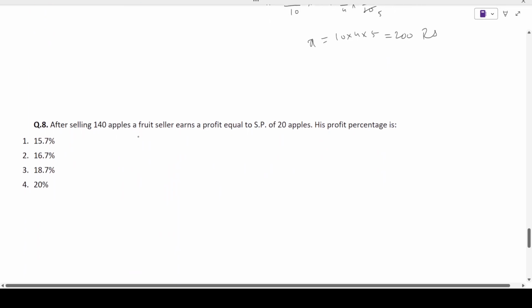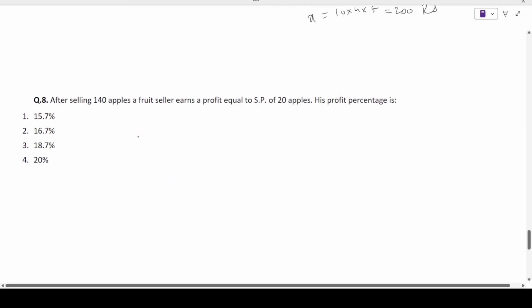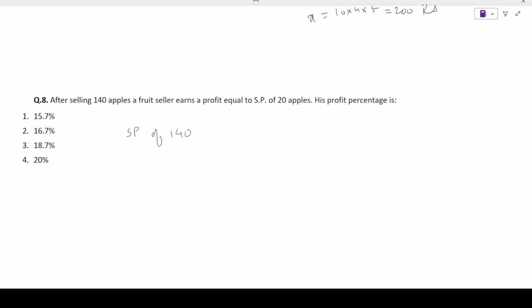Moving to the next question, we have after selling 140 apples, a fruit seller earns a profit equal to selling price of 20 apples. His profit percentage is? So selling price of 140 apples.